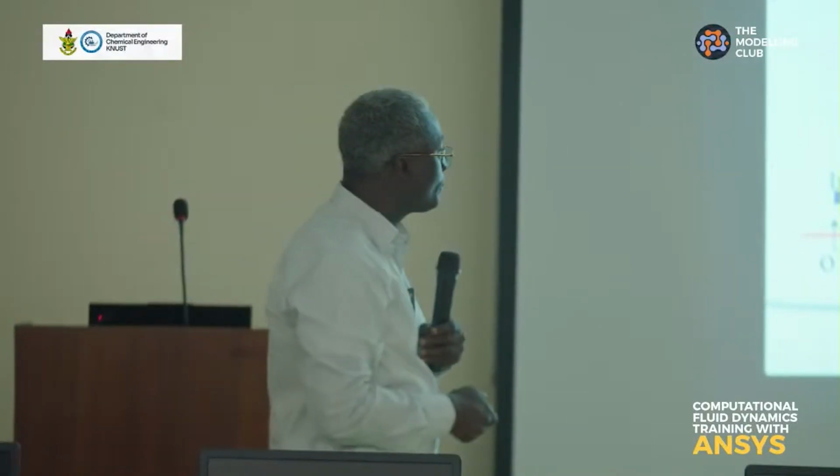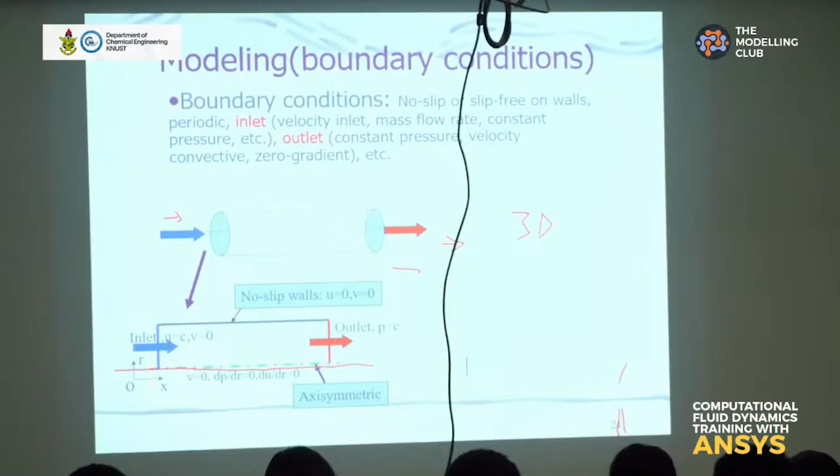And then another boundary condition, because I've reduced this to an axisymmetric flow, what happens on top is the same as what would happen on the bottom side. It's symmetrical. So at the line of symmetry, the velocity is 0, or the pressure gradient at the line of symmetry is 0.